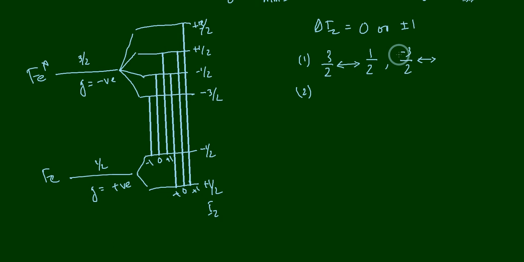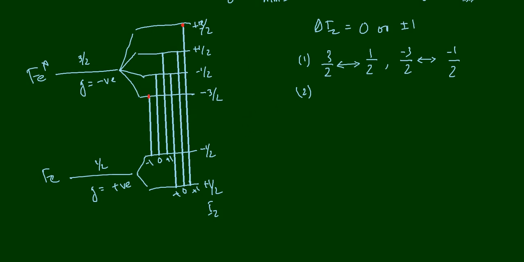I am considering pairs like that: 3 by 2, 1 by 2, and minus 3 by 2, minus 1 by 2. The first one was this transition, and the second one, minus 3 by 2, minus 1 by 2, is this one. So I picked the last one and the first one. You can remember it like that.